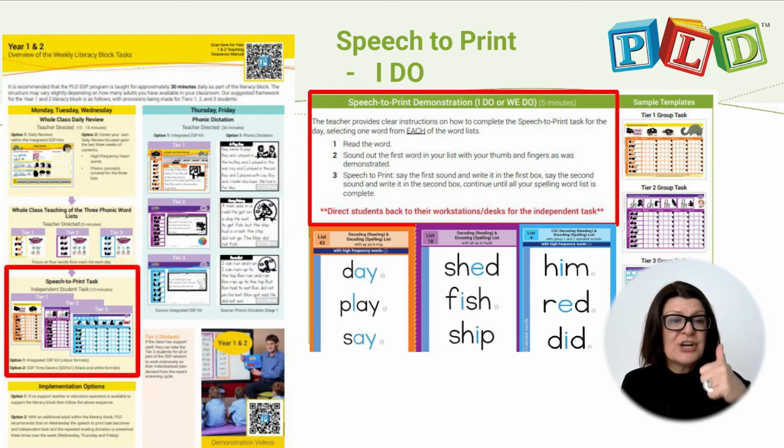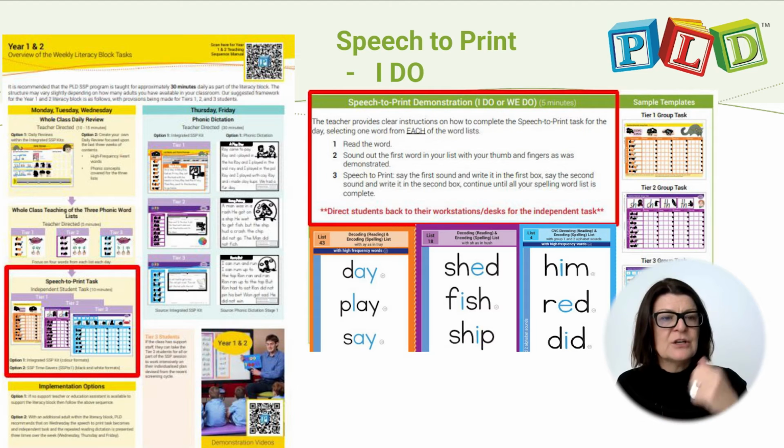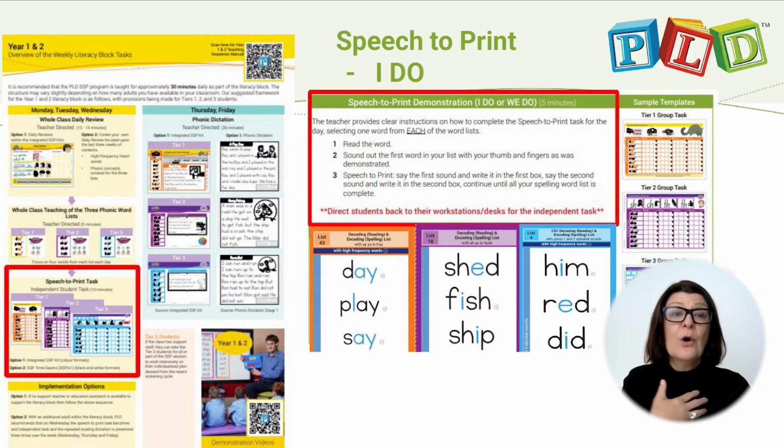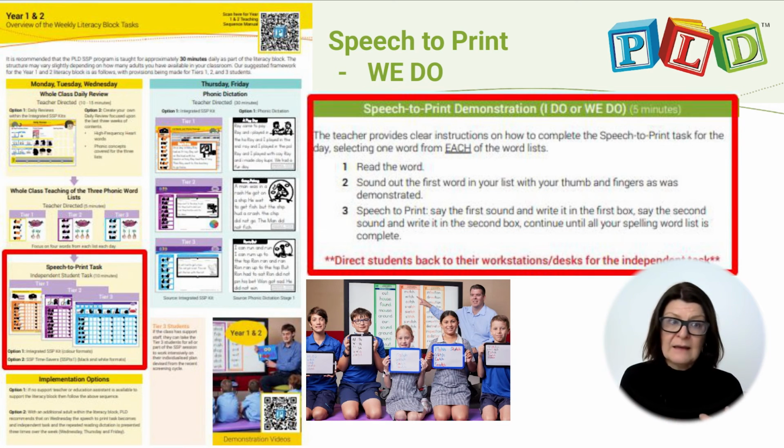If your word is fish, f, sh. If your word is red, d. I'm going to do it, or we could do it together and the students can write in the air or on whiteboards.